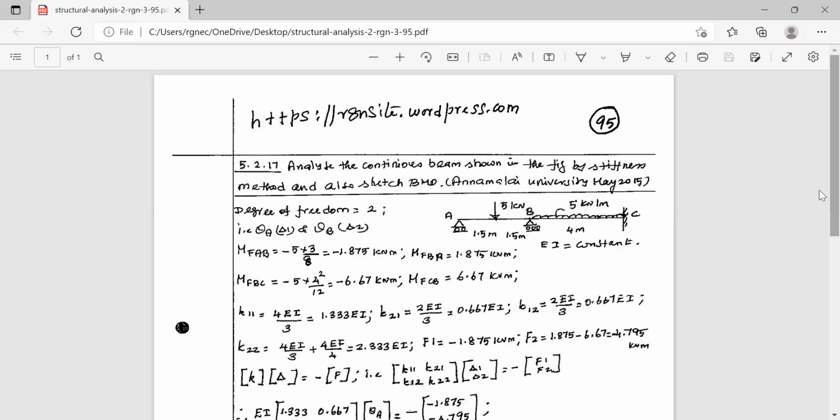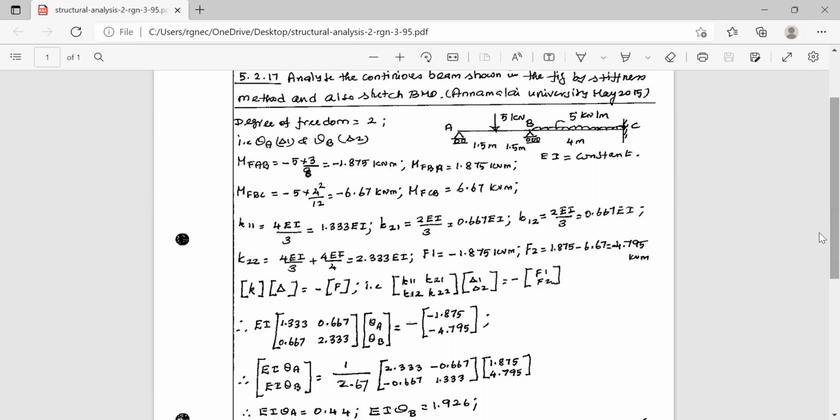Now we have to calculate the unbalanced moments at B and also at A. These are the two points where the displacements are there, theta A and theta B. At theta A, the unbalanced moment is minus 1.875 kilonewton meter. It is nothing but this moment.